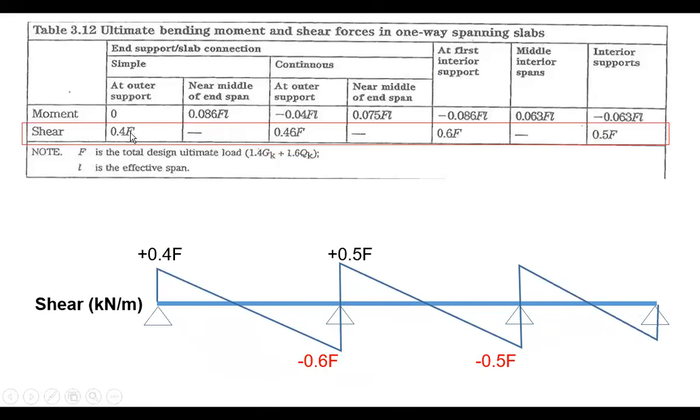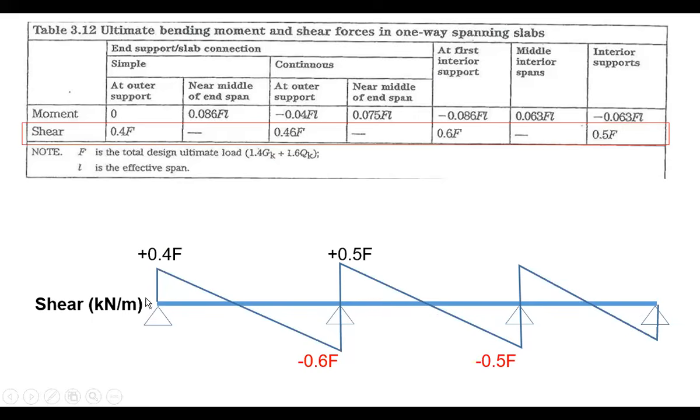So at the first support, you have a shear of 0.4 F. No L anymore here, because this F equals the uniform load multiplied by the span, as a concentrated load. So it is 0.4 times the concentrated load, 0.4 F. Then at the first interior support, it is 0.6 F. Then later on, it will be 0.5 F.